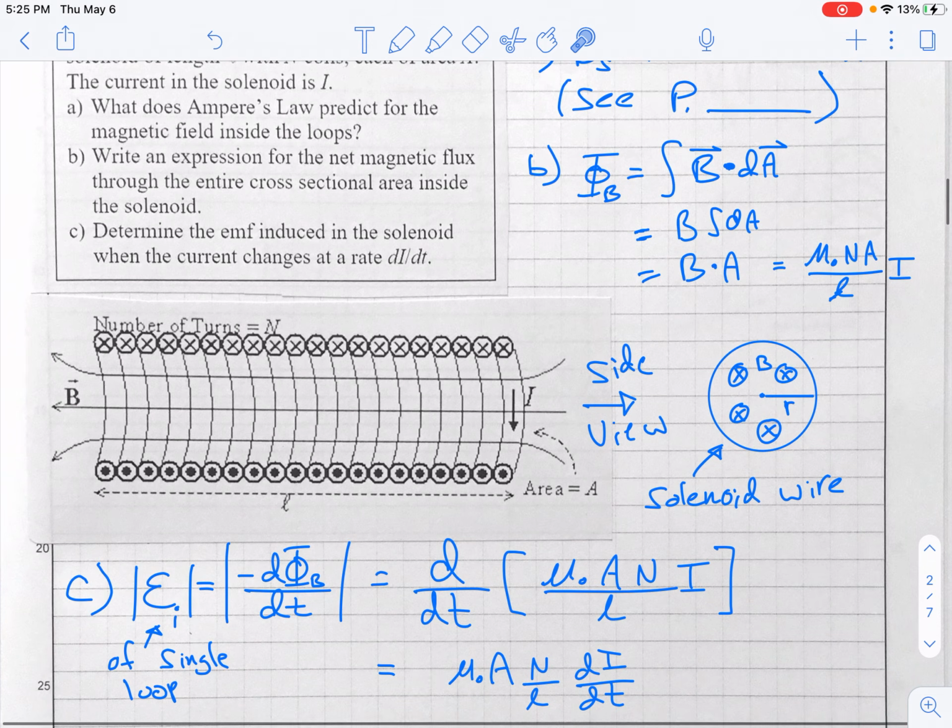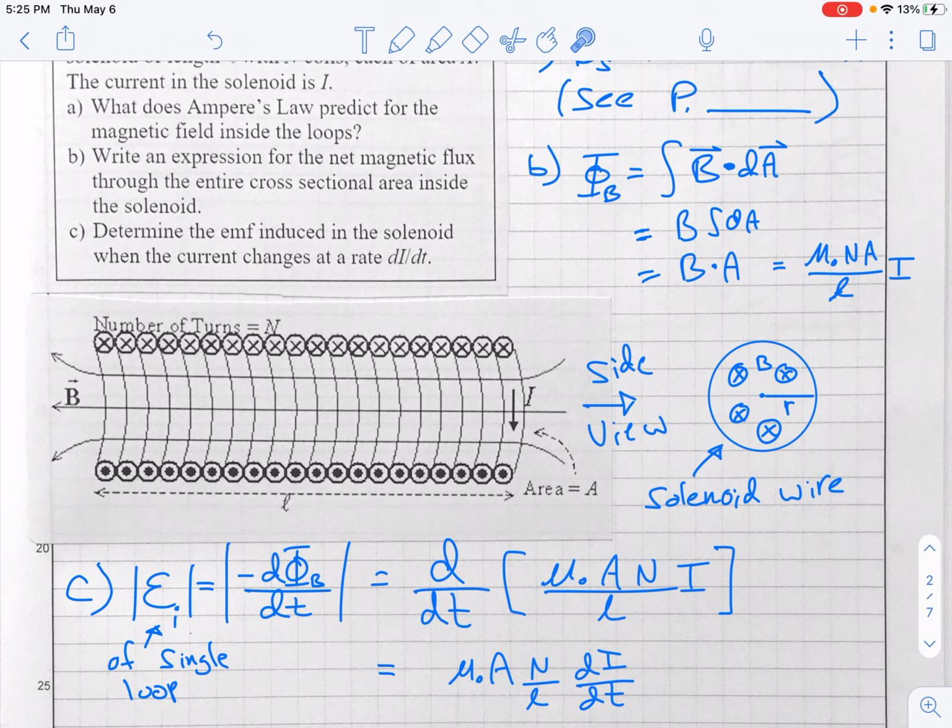So for a single loop, one of these loops, you do d phi dt. The negative there is Lenz's law. That would tell you which direction it is. We don't need to worry about that right now. We're just dealing with magnitude. So the only thing that changed here with respect to time was the current.